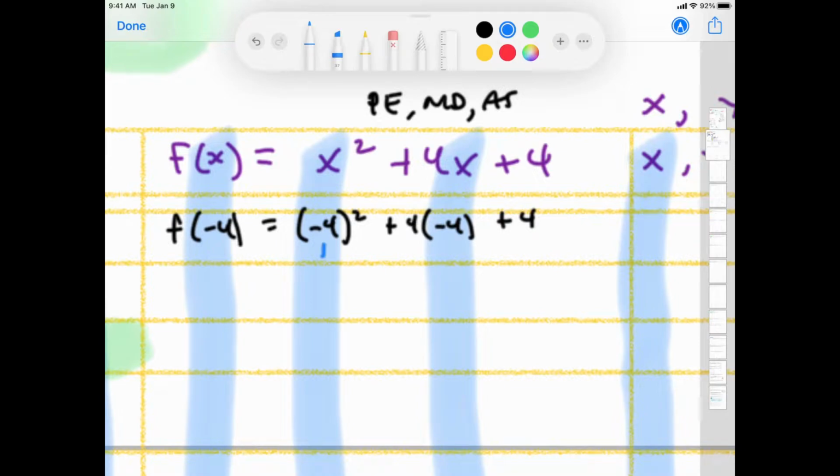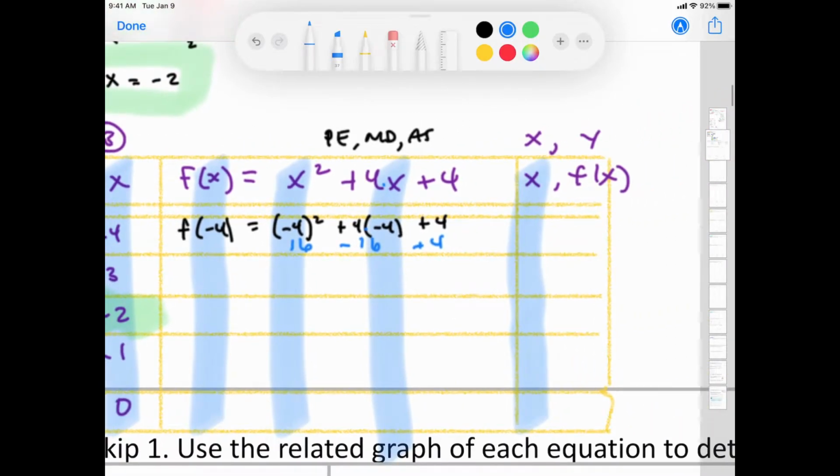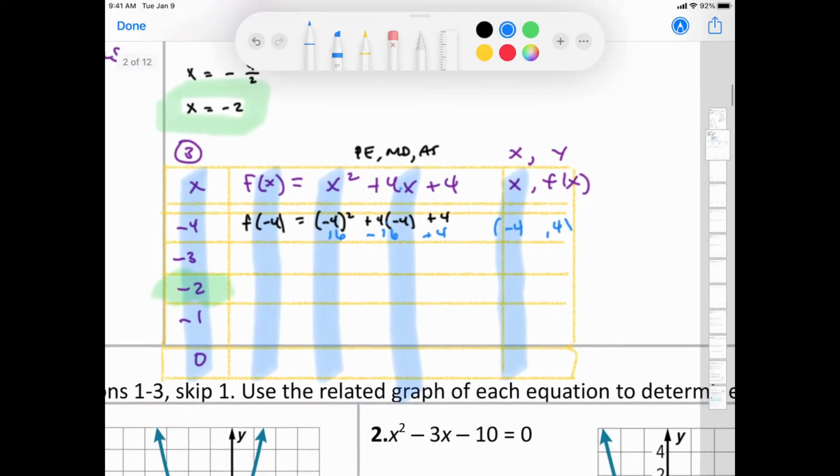Negative 4 squared is 16. 4 times negative 4, remember it's a multiplication here, not 4 minus 4, so it'll be minus 16 plus 4. And 16 minus 16 is 0, so my answer is 4. When I put into my function negative 4, I get a positive 4.